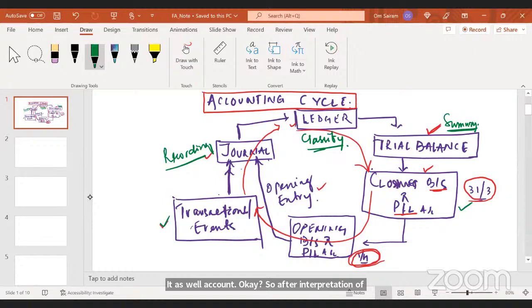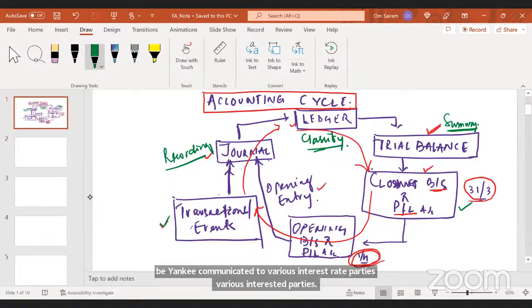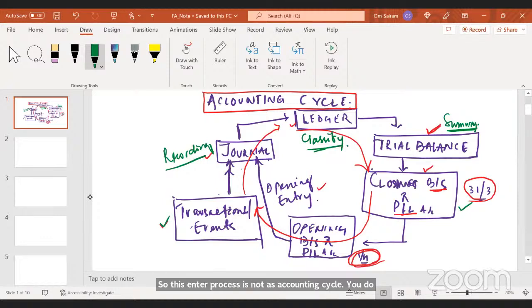We are preparing a set of reports, and the same set of reports can be communicated to various interested parties. So this entire process is known as accounting cycle. Did you understand? Yes or no? Yes, very good. Thank you very much.